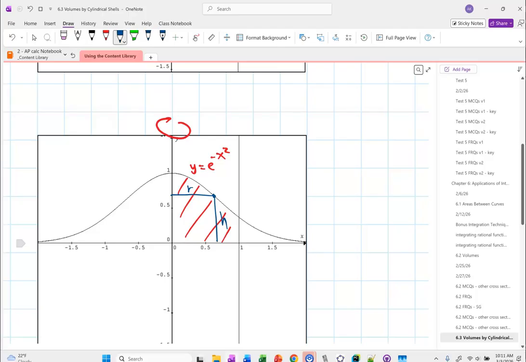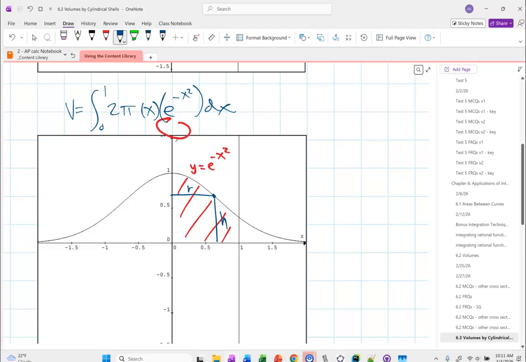So there's like my R and H. Same exact problem essentially as the previous one, right? R is x and H is f of x.